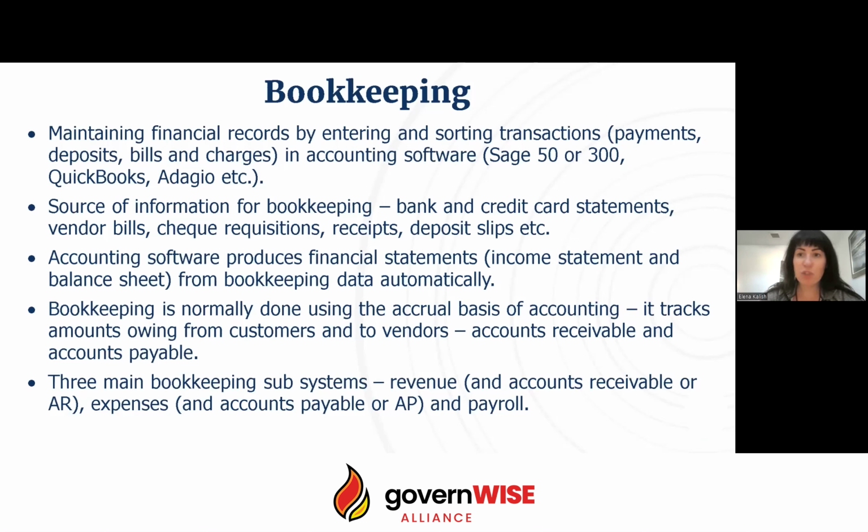Now, some of these documents are generated externally. So we can receive a bill from a vendor, right? That's externally generated. Or we can receive a deposit notification from Indigenous Services Canada or another funder. And some of that actually is generated internally. So we issue an invoice to a customer that's generated in our accounting system.